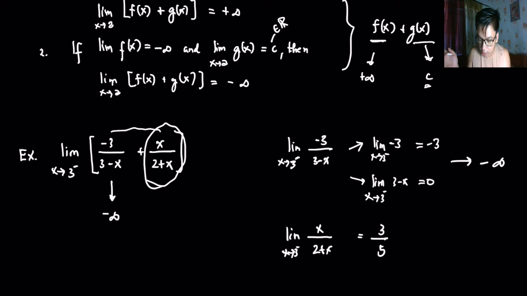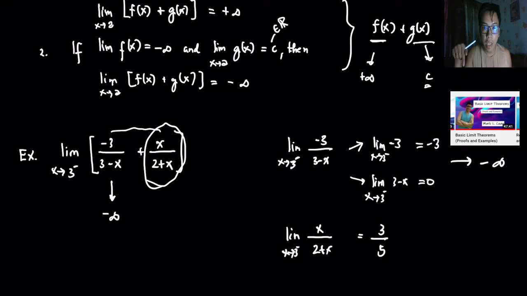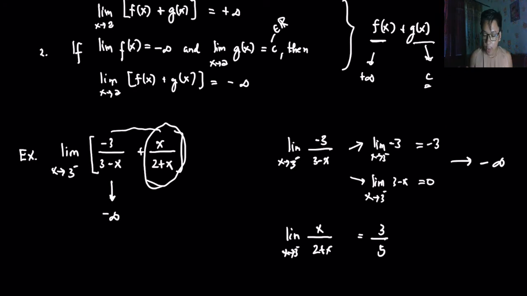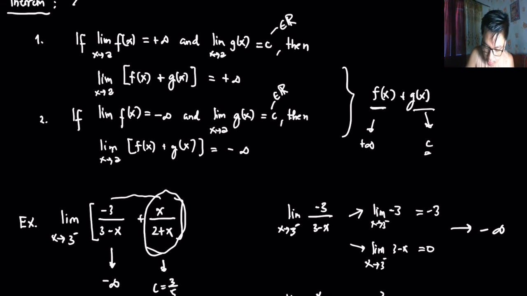So this is according to the theorem on the video for the basic theorems, and here's the thumbnail. You might want to check on that. Why did I get 3 over 5? Okay, so therefore this is our c here, which is 3 over 5. And so, according to theorem number 2, this is equivalent to negative infinity.